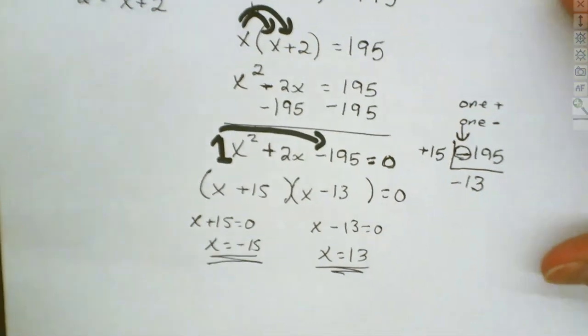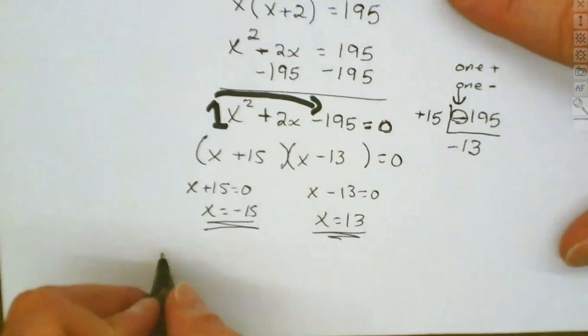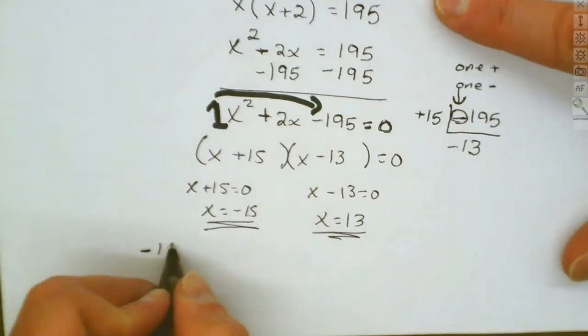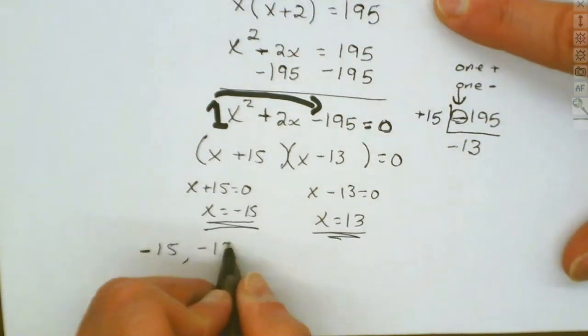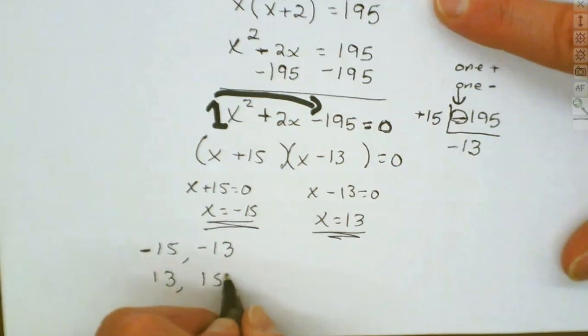Now remember, when we look at these, we're going to have two sets of numbers, a positive set and a negative set. So what are the two sets? Our two sets are going to be a negative 15 and a negative 13, a positive 13 and a positive 15.